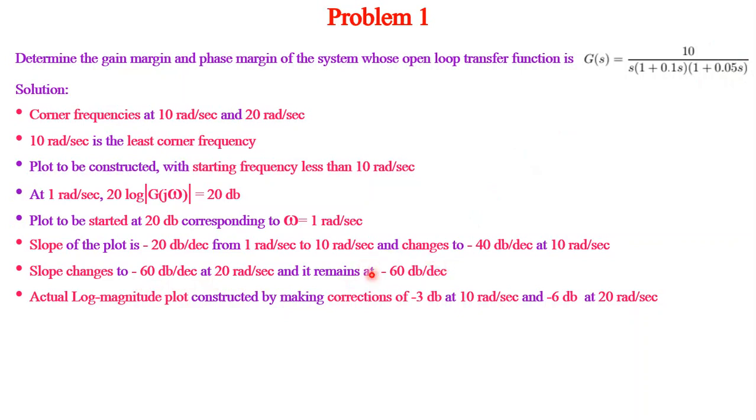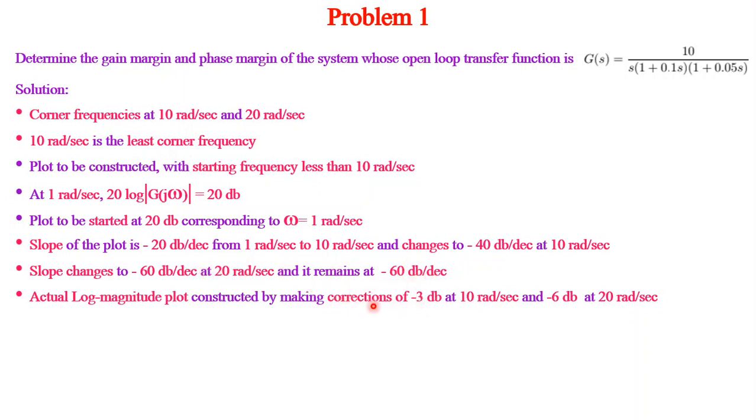Thereafter, no corner frequency, it remains at minus 60 dB per decade. Therefore, we construct the Bode plot on a semilog sheet by taking the minimum frequency as maybe 1 radian per second, and accordingly show the variation of the log magnitude plot at the different corner frequencies. Then we can draw the asymptotic plot.